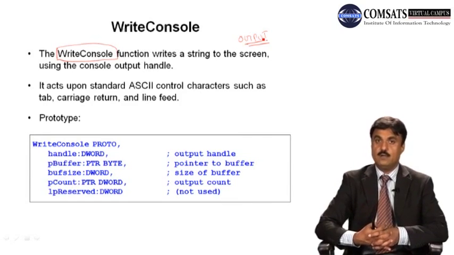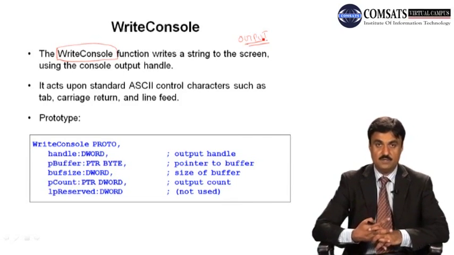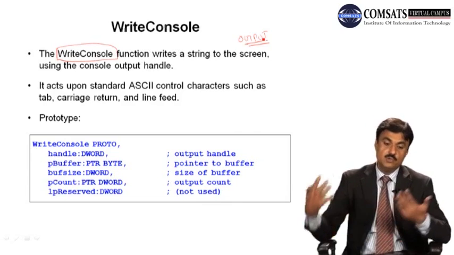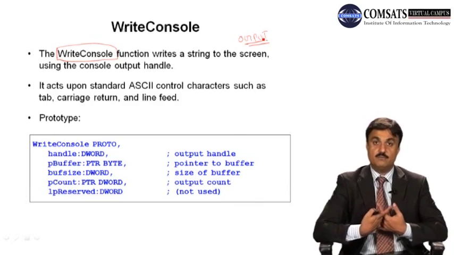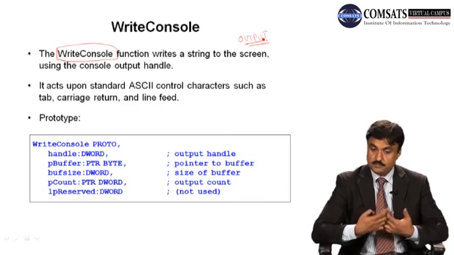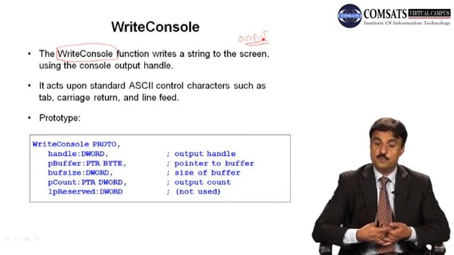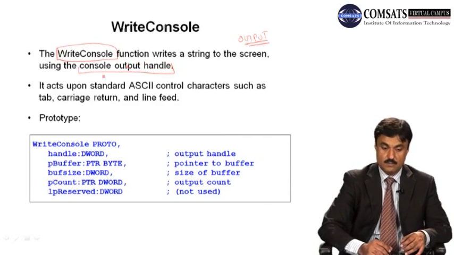When a 32-bit value has been returned by the GetStdHandle function, we can use that handle inside WriteConsole, and we can send the other parameters: what we want to write and how we want to write it. The WriteConsole function writes a string to the screen using the console output handle.